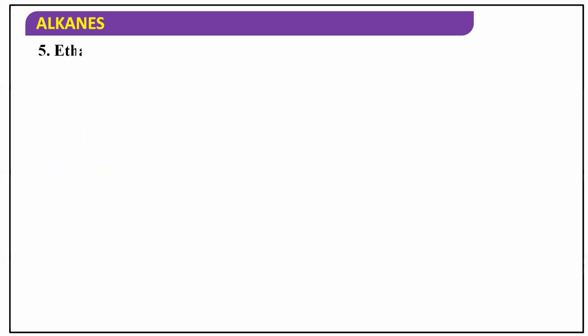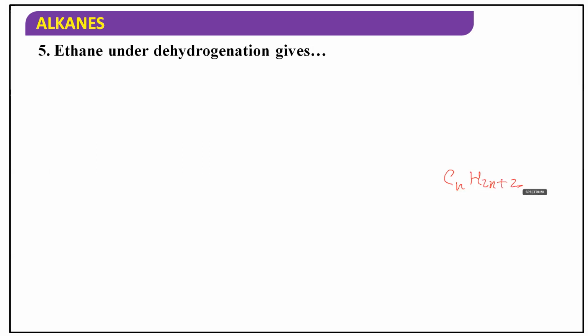So you can rectify. Ethane under dehydrogenation. Hydrogen has been removed from ethane. Now you can see the formula itself. For a hydrocarbon, it is CnH2n plus 2. Now if hydrogen is removed, it can be this or this, because both have less hydrogen than any alkane.